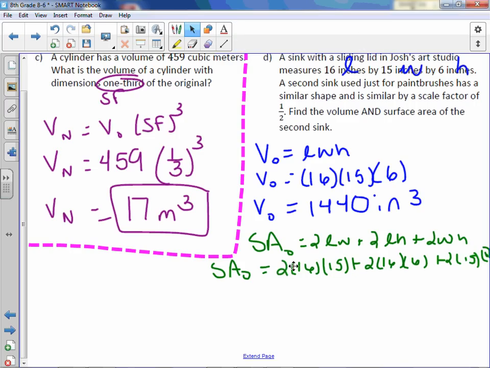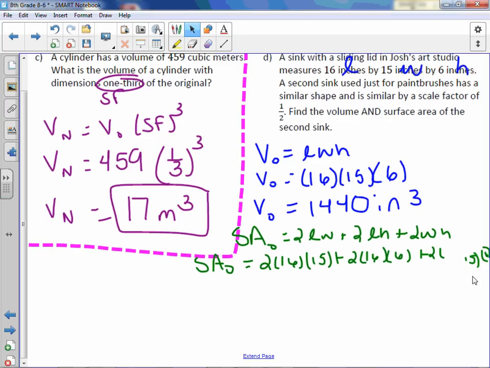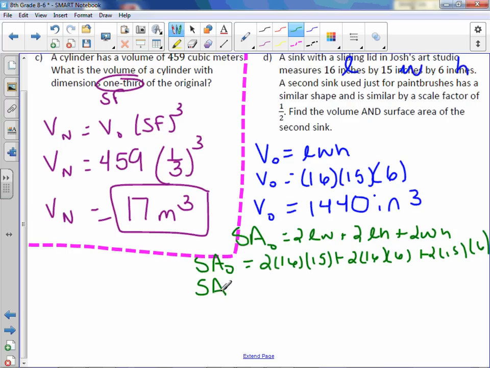Let me move this over. It's a little difficult to see. We'll just rewrite this piece. Okay. This is 15, and this was 6. There we go. So the surface area is 852 inches squared.